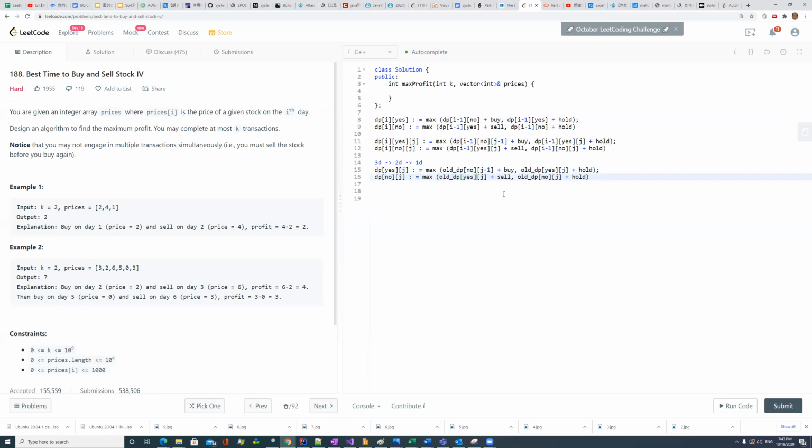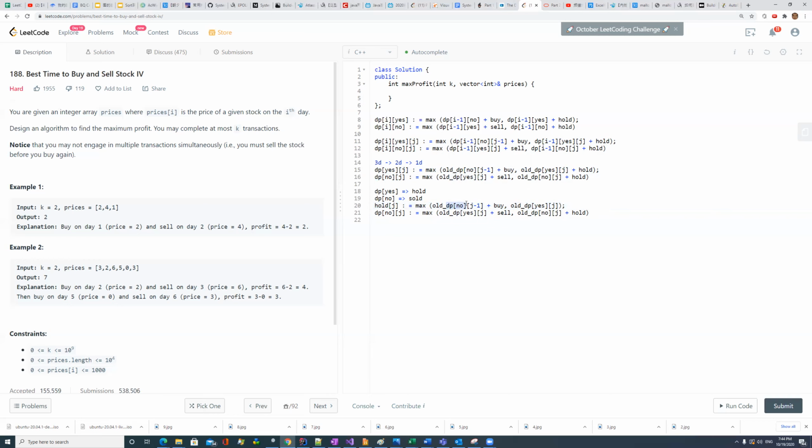For the DP, I use hold to represent yes, and sold to represent no. So I can reduce it to a one-dimension array.